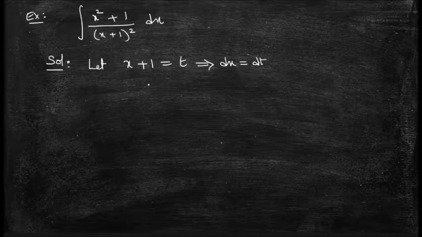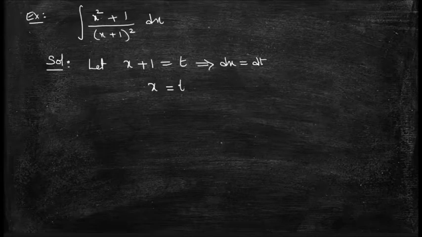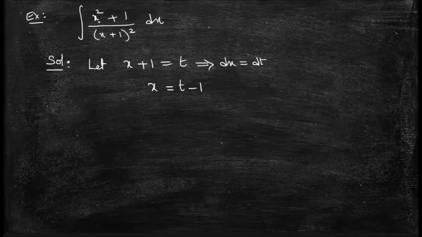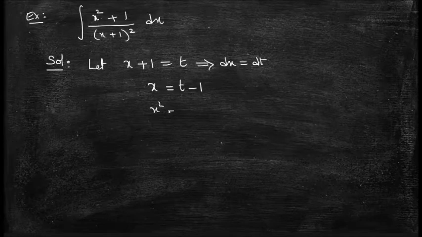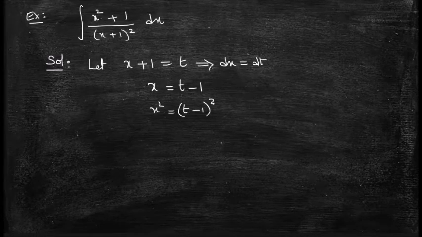Further, x is equal to t minus 1. Now in the numerator, x square is there, and I can replace x square by t minus 1 whole square. For that purpose I am doing it like this.